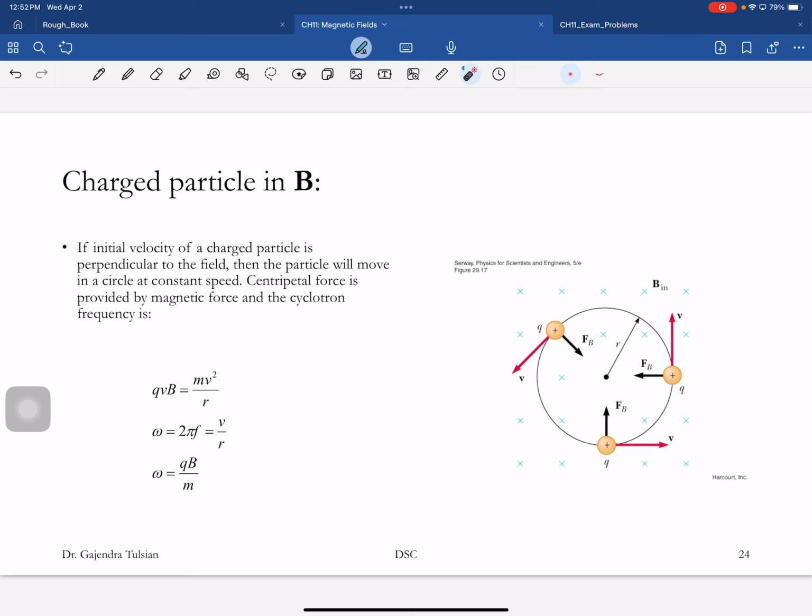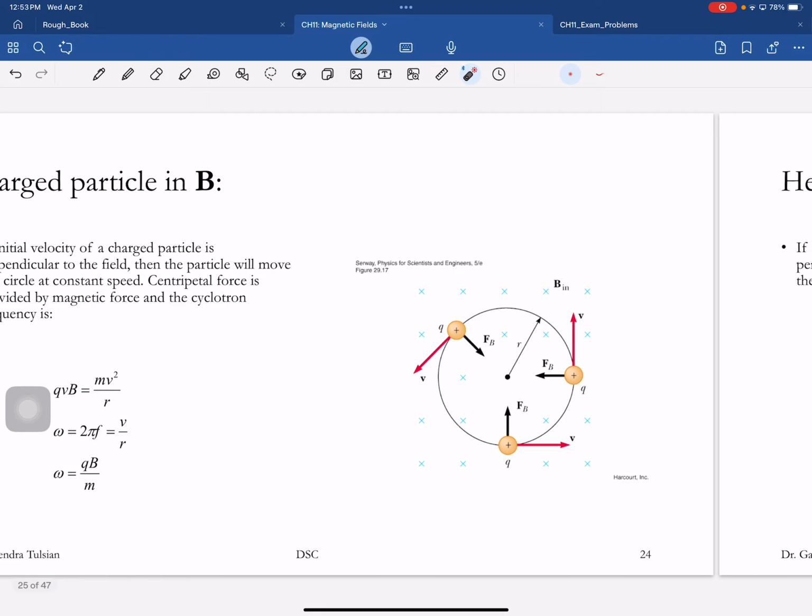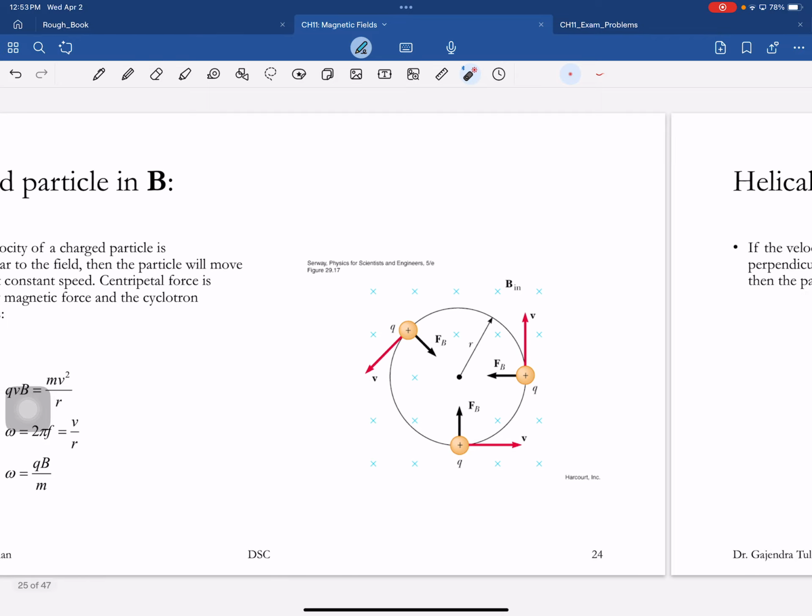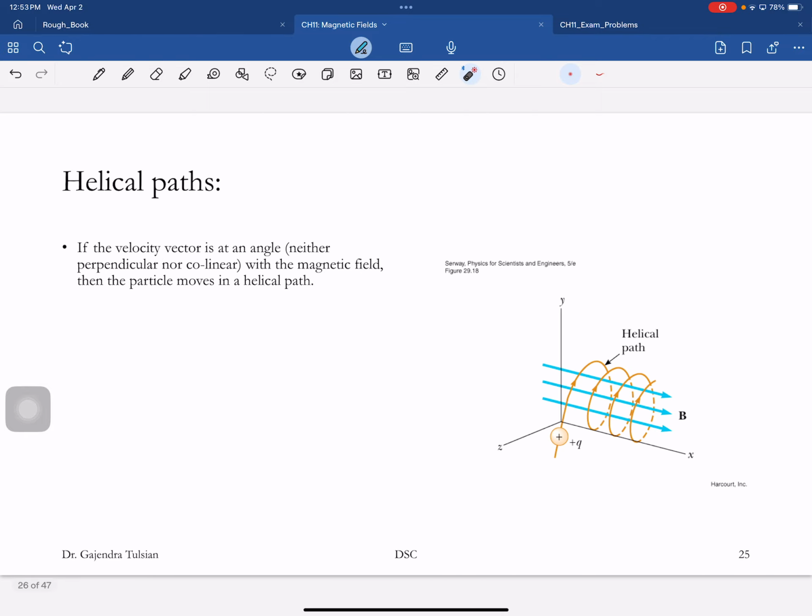The proton and the electron have the same charge. And if you place them in the same field, the electron will go around many more times than the proton. In fact, 2,000 times more than the protons, because the electron is 2,000 times lighter. Okay, so that's the angular frequency.